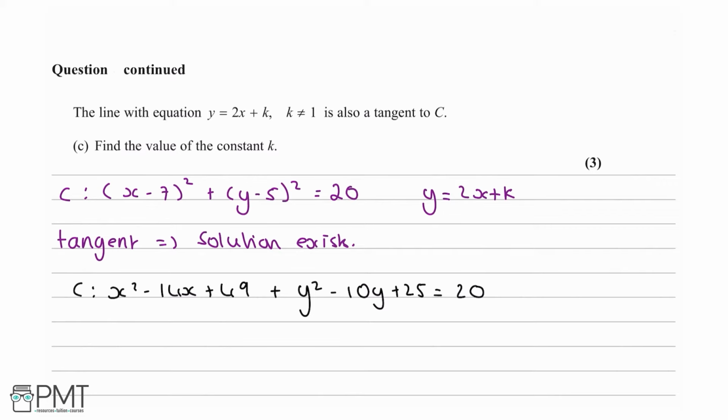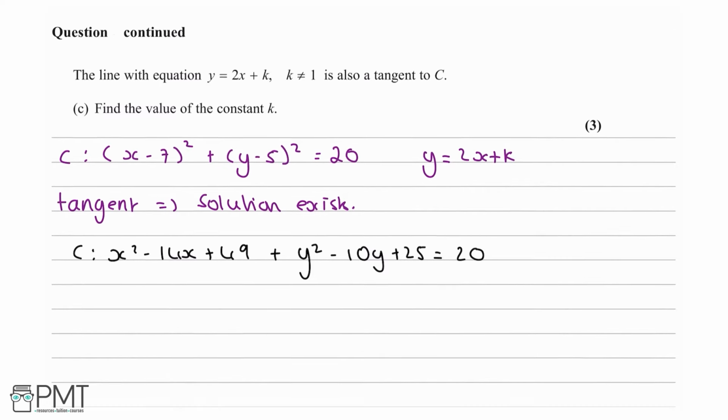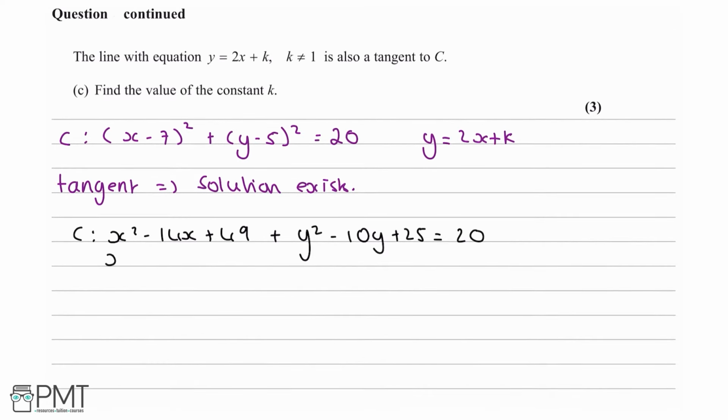Then I am going to collect like terms. So x squared minus 14x plus y squared minus 10y, and then 49 plus 25 is 74, and then we're going to take this 20 from this side and subtract it. So 74 minus 20 is going to be plus 54, like that.